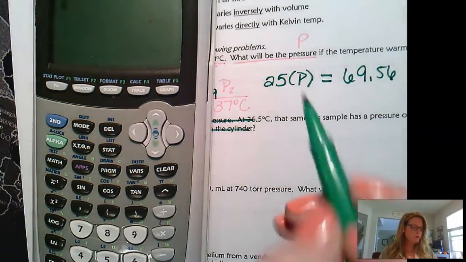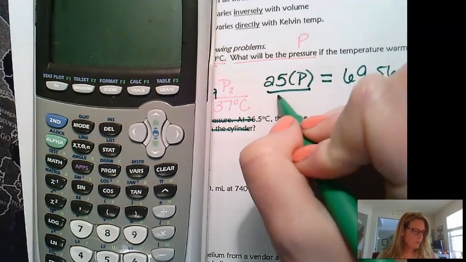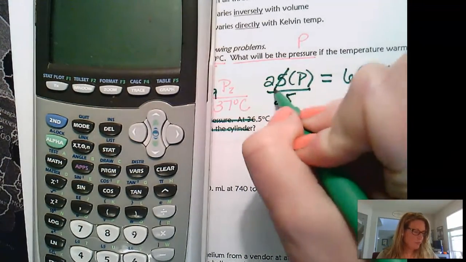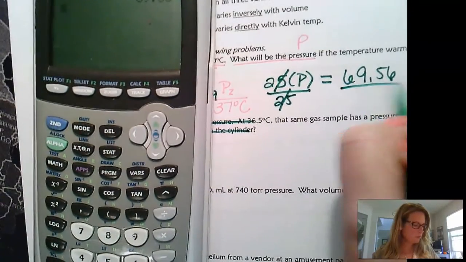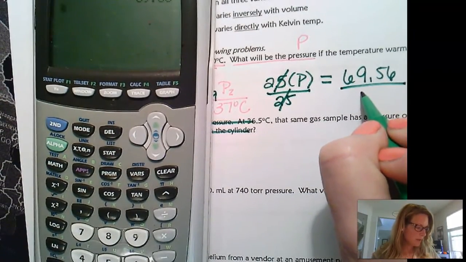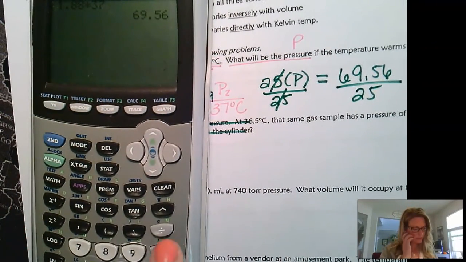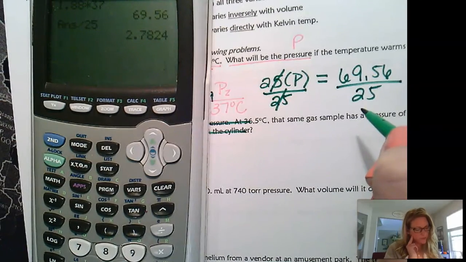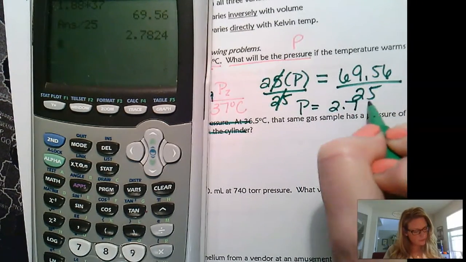And so now what do you do in order to solve for P? Got to get that by itself, right? So you divide it by 25, and that cancels it out. But whatever you do to one side, you also have to do to the other. So we're going to divide that by 25. So my answer here, 69.56 divided by 25 equals 2.78. So that means P equals 2.78.